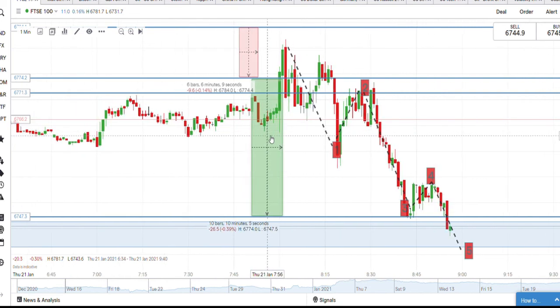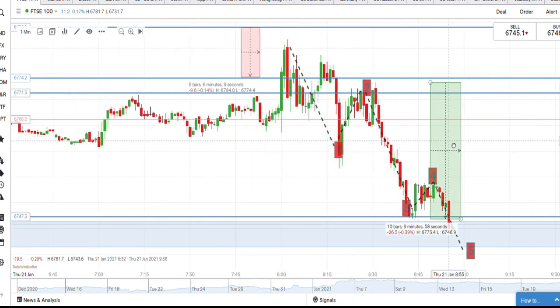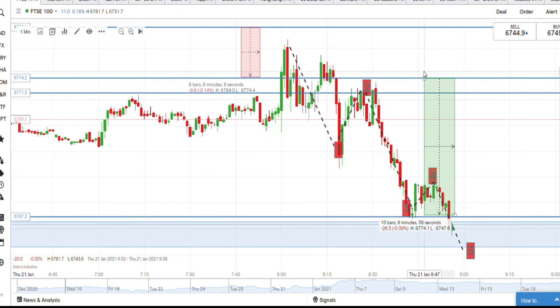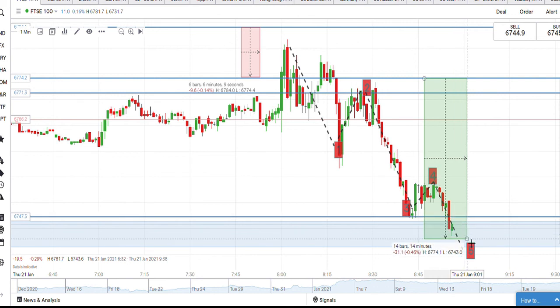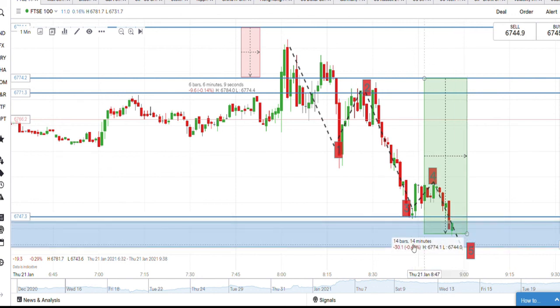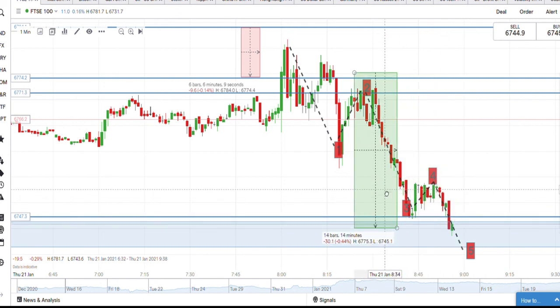So we got in here at 73. We got off at 44. It's a 30-point gain. So we had a 9-point stop loss to a 30-point profit.